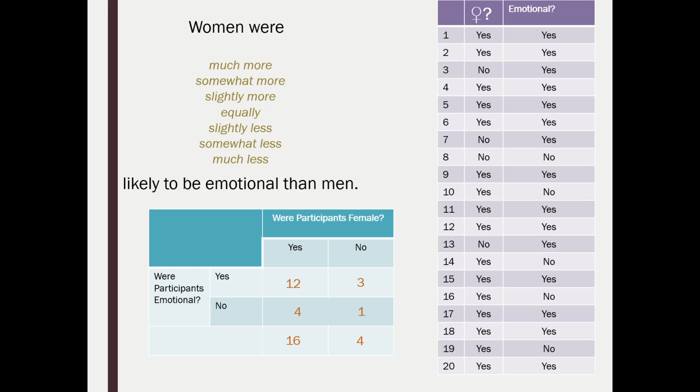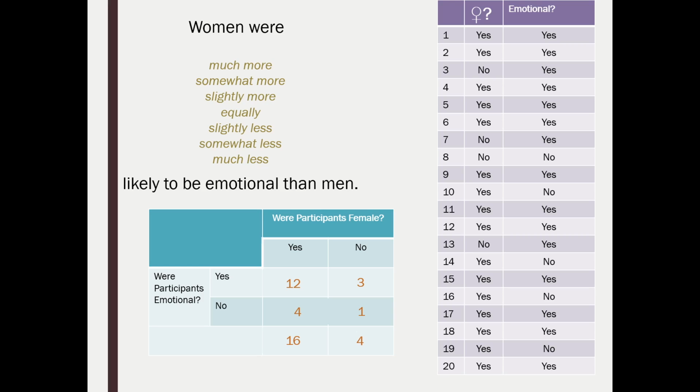So we've got 12 out of 16 studies where we've got female participants who were emotional. 12 out of 16 studies, the female participants were emotional. For the males, 3 out of 4 studies, they were emotional. So if we do the little ratio on that, 12 out of 16, 3 out of 4, that's equal, isn't it?